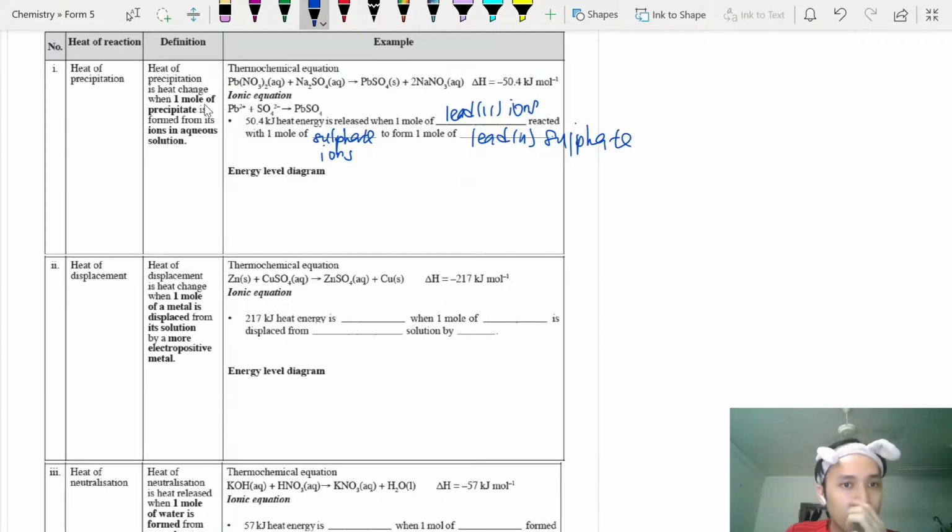Meaning 1 mole of precipitate, so you need to give the name of the precipitate accurately. Lead 2 sulfate.